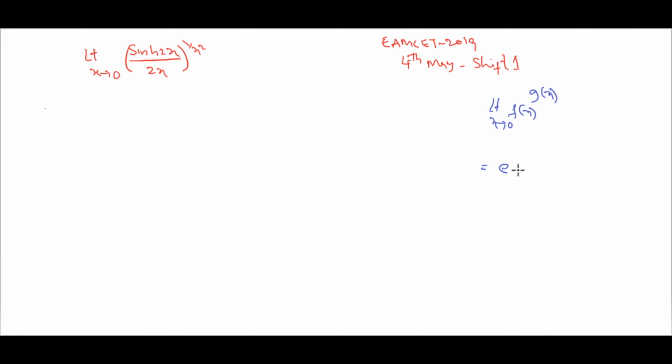This is written as e to the power of limit x tends to 0, g(x) times (f(x) minus 1).